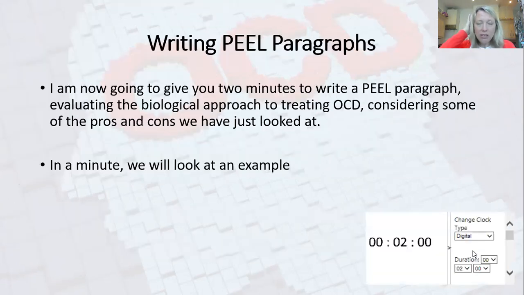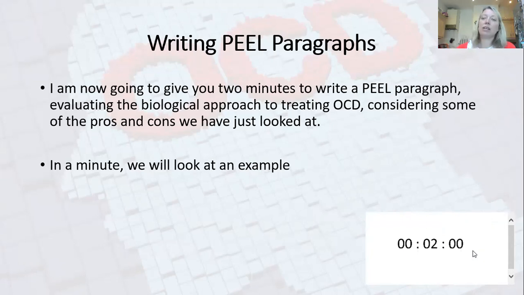Okay, so this is what I would like you to do now. I'm just going to pause the scene recording, but nothing will happen for you. I'm just going to give you 2 minutes, and what I would like you to do in these 2 minutes is to write down one Peel paragraph which evaluates the approach to treating OCD. In your Peel paragraph, you need to pick one of the points that we've just looked at.